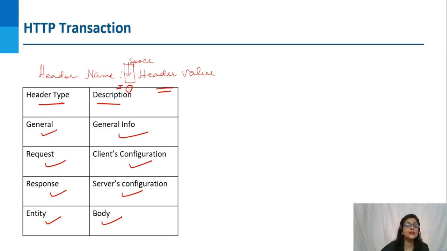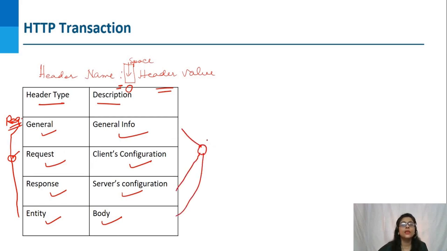Now we can see here this general type and the request type and the entity type. If you combine them, then they can be in the request message from the client to the server. On the other hand, the general, then response and entity types can be on the server side and are a part of the response message.